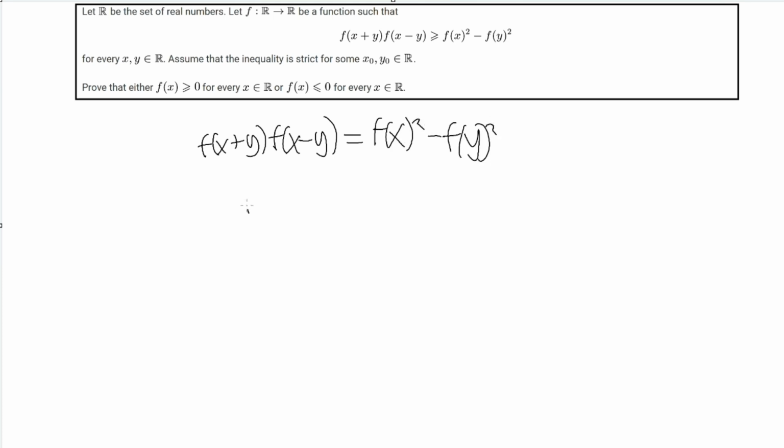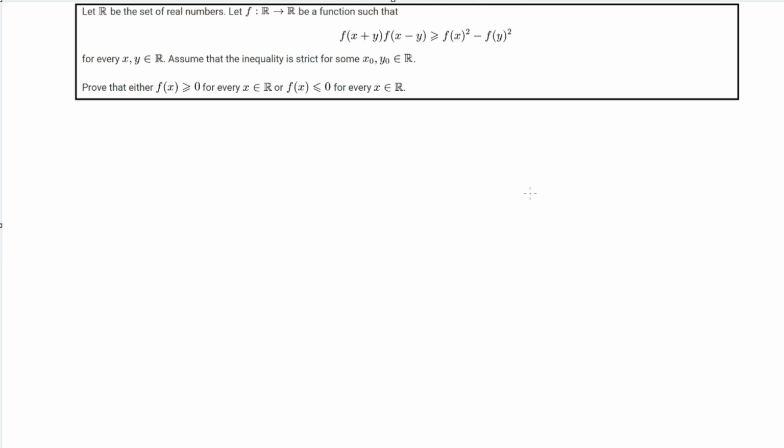And then we can just note that f of x equals x satisfies this. But then f of x is greater than 0 for x greater than 0, but less than 0 for x less than 0. So that breaks the problem statement. So this condition that's given in the problem is definitely necessary. So let's see how to use it.